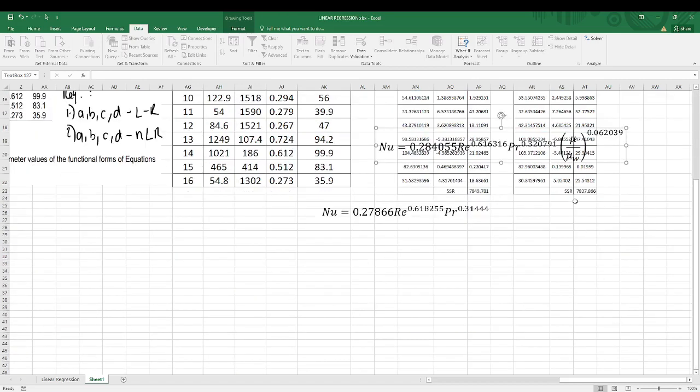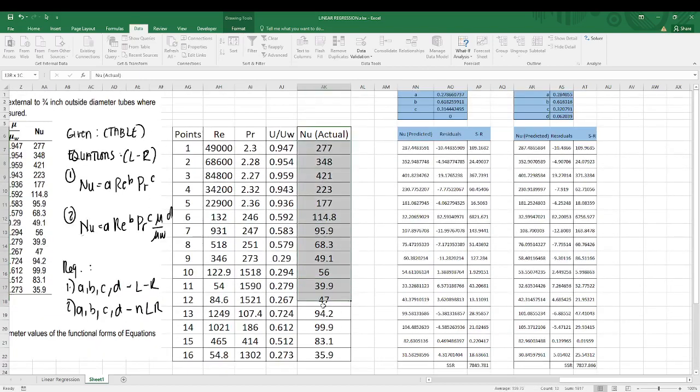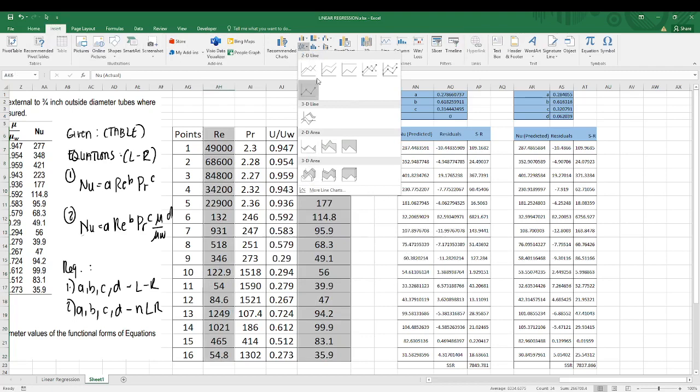We could grab this one to really compare the result, no? Okay, so let's first grab this, with respect to Reynolds only. Insert line graph, again static.